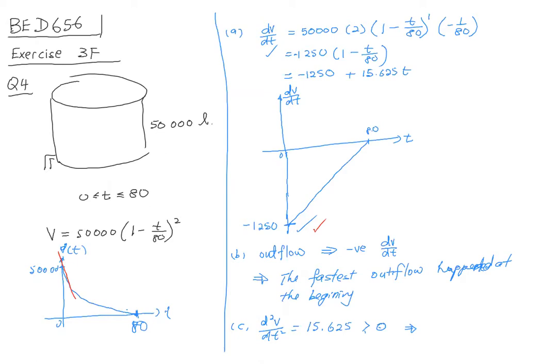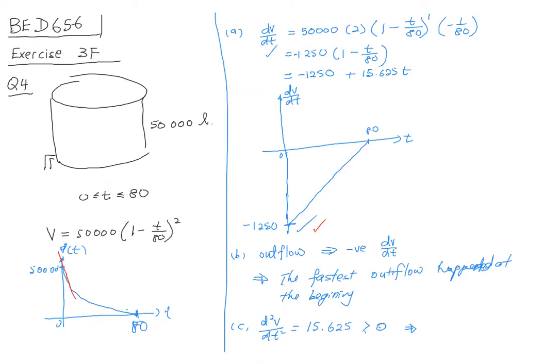Yeah, Carol Rampa. Yes, Miss. How to interpret this result? 15.625 is constant. Hello, young man. They say show that d squared V over dt squared is always constant and positive. I show already. So now you have to interpret, means you have to tell me the meaning of this. What does it tell you about the outflow?